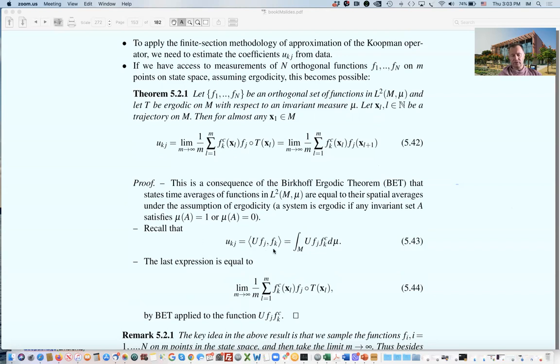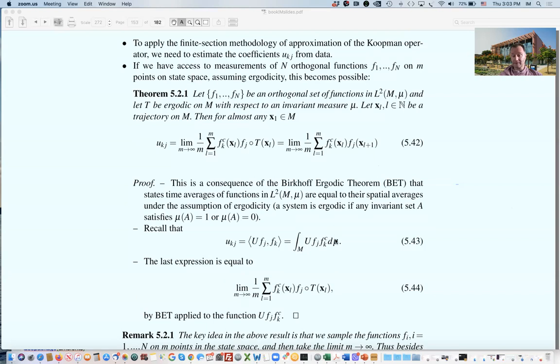That's just the definition of complex inner product over the invariant measure mu. One should always remember that in L2, the space of integrable functions, the first thing you need to do when defining an inner product is tell us with respect to what we are integrating. And here we are integrating with respect to an invariant measure.